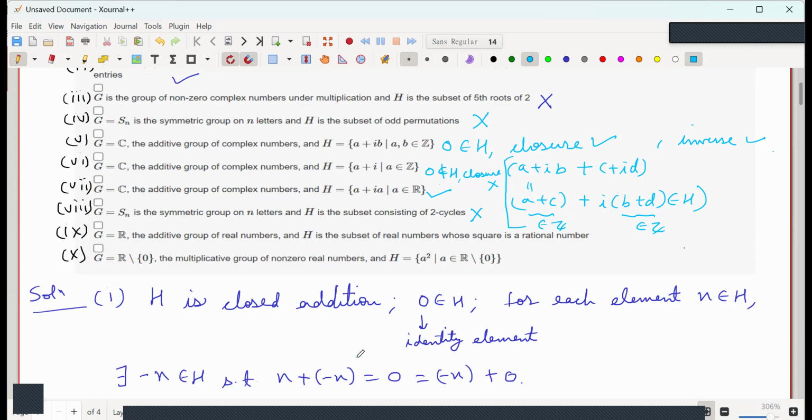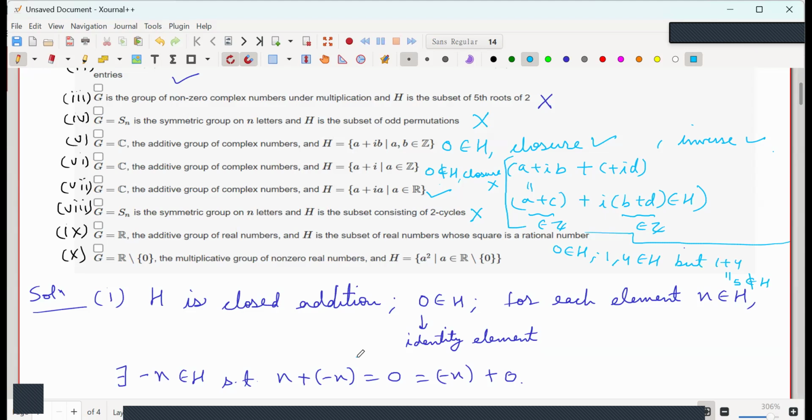So I can just write here. I don't want to go back again and again. So identity is 0, right? So 0 belongs to H, but what numbers should we take? Maybe 1 and 4. Both are inside H, but 1 plus 4, that is 5. This is not inside H, right?